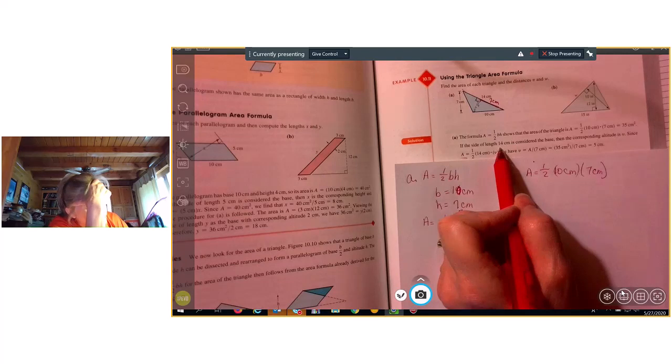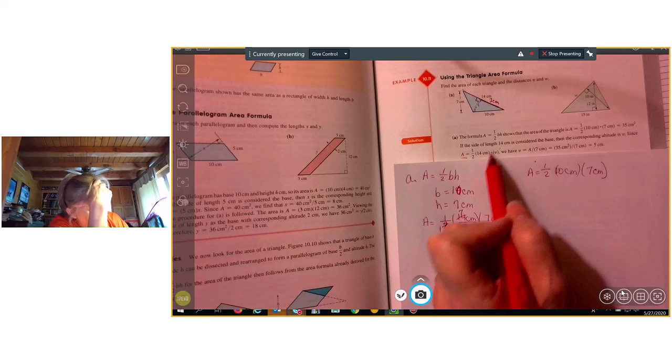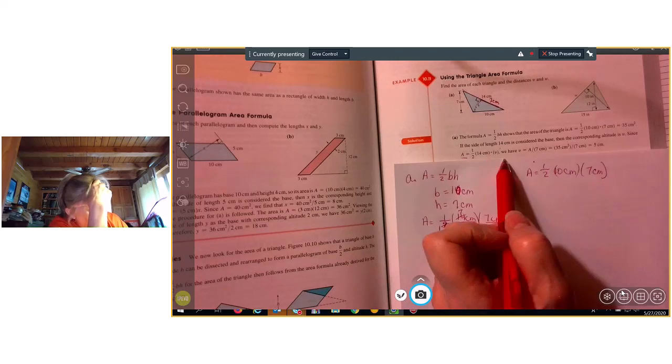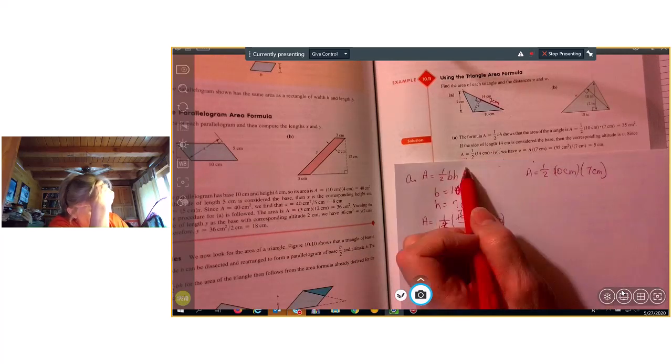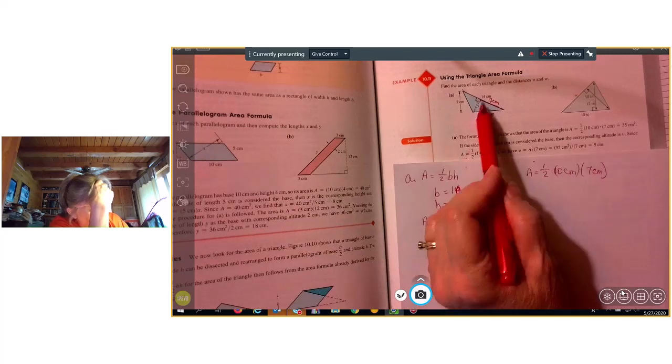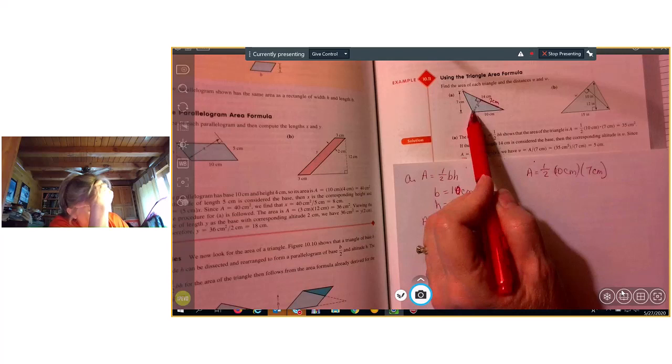So then what if you flip it and decide, okay, 14 is going to be my base, and V is going to be my height, so that's what they're looking at.